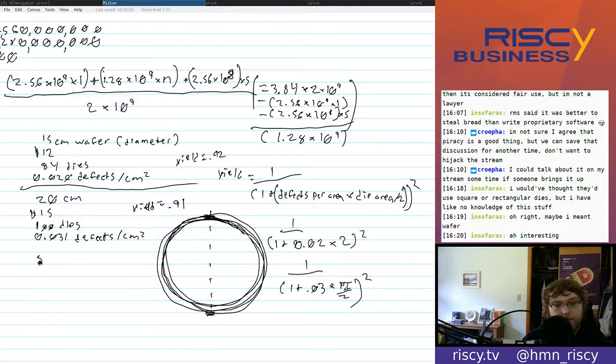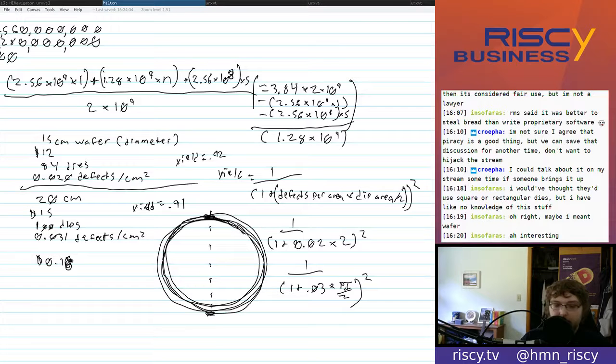So the cost per die of the first one is going to be 15 space cents, basically, or 16, I guess, rounding up. Or would you round up? Would you round down in a situation like this when you're working with money? I'm just going to round it up to 16. We're going to say 16 space cents.